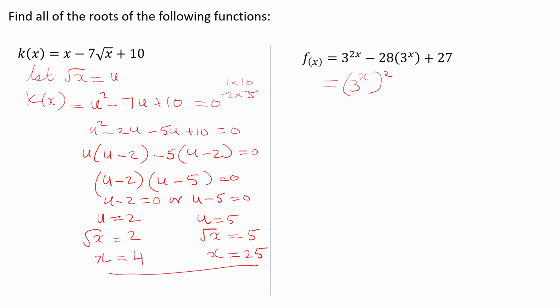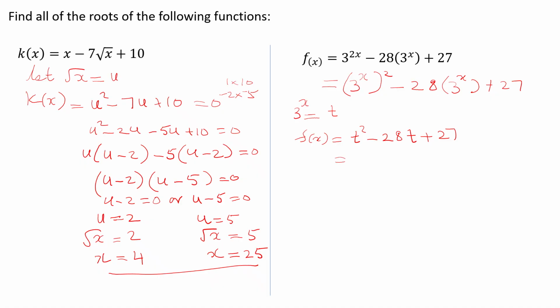Minus 28 times 3 to the power x plus 27. So I'm going to substitute 3 to the power x equals t. Okay, so f(x) equals t squared minus 28t plus 27.